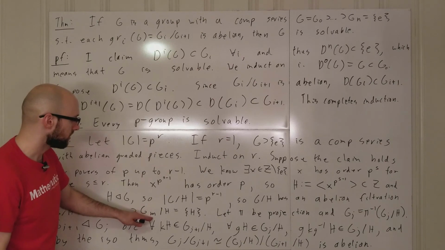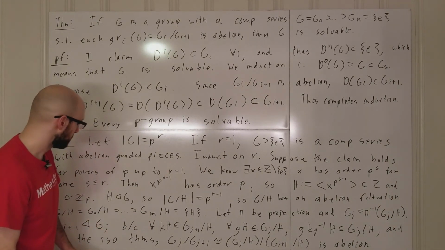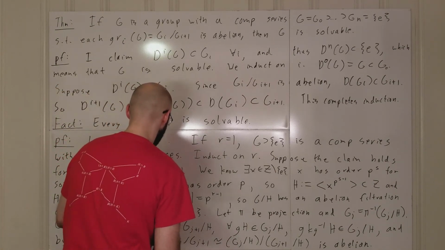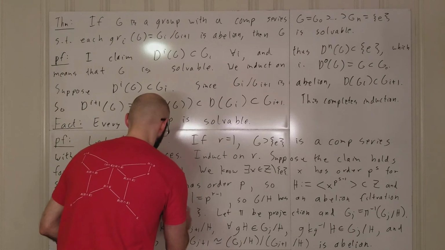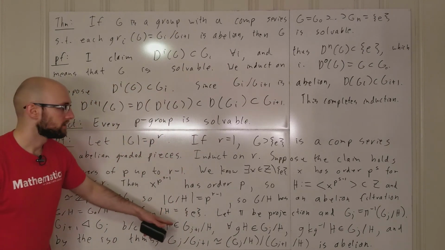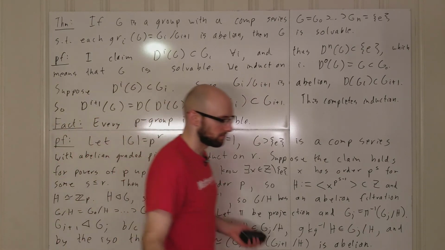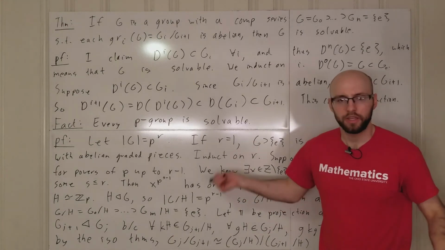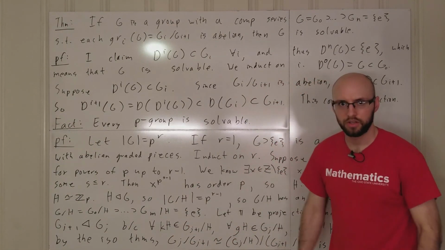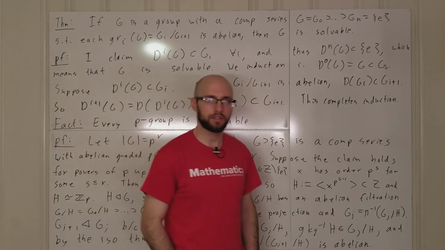But Gm mod H is equal to E, so Gm equals H, and so H here, H is ZP, and so H is abelian itself, and just sticking an E on the end here will give you the desired composition series, and so this finishes our proof.